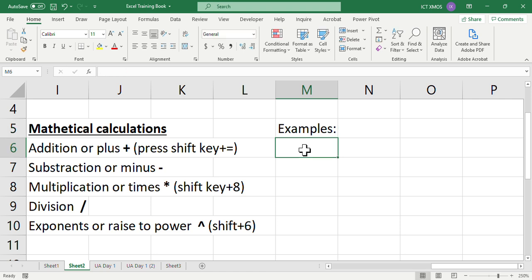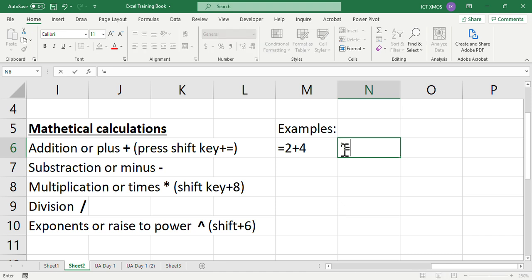For addition, as you remember, for us to have any formula in Excel, we have to put the equal to sign first. So, for example, in Excel, we can add numbers directly: 2 plus 4. It will give you the answer. That's an example of a formula.